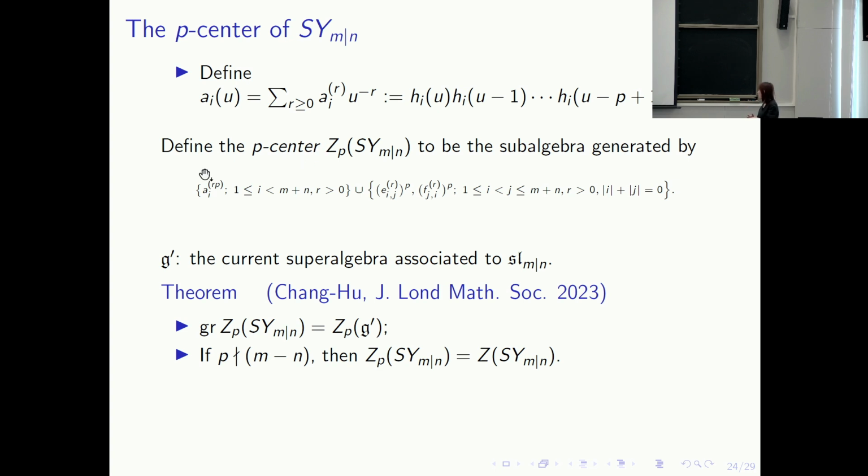Then we also proved that if p cannot be divided by M minus N, then the p-center of the special super-Yangian is just its center. There is no Harish-Chandra center. Okay. So we give the p-center of the special super-Yangian.